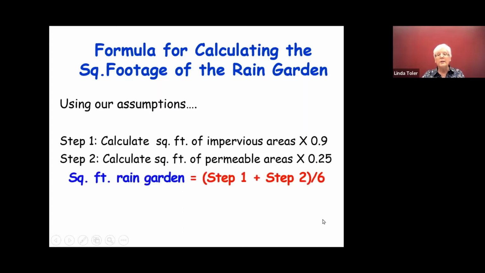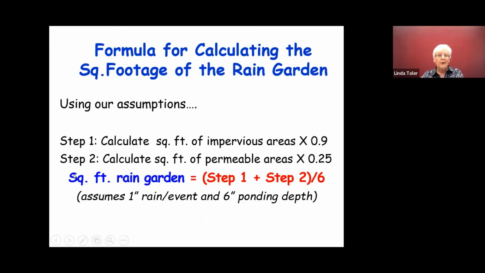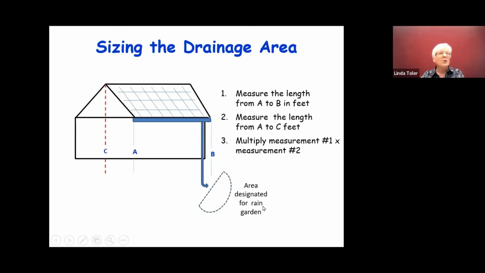And this is our magic equation. To get the square footage of our rain garden, you take the numbers you got from step 1 and step 2, add them together, and divide them by 6. Okay, and that's based on our assumptions of 1 inch of rain per rain event and a 6-inch ponding depth.